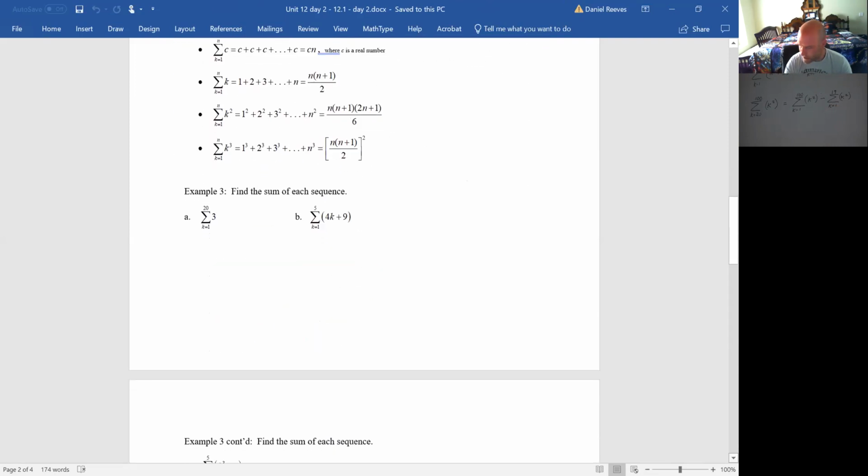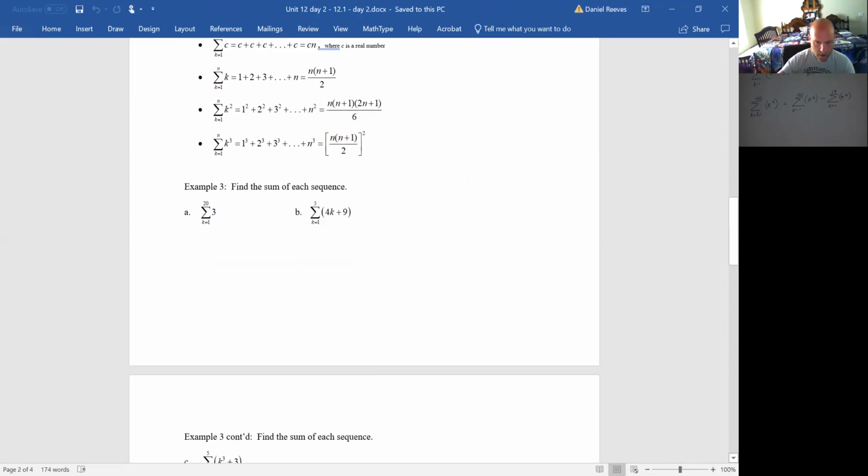Let's play a little bit and see how these work. Find the sum of each sequence. So the next problem is I have the sum from k equals 1 to 20 of 3. Well, when k equals 1, 3 equals 3. When k equals 2, 3 still equals 3.